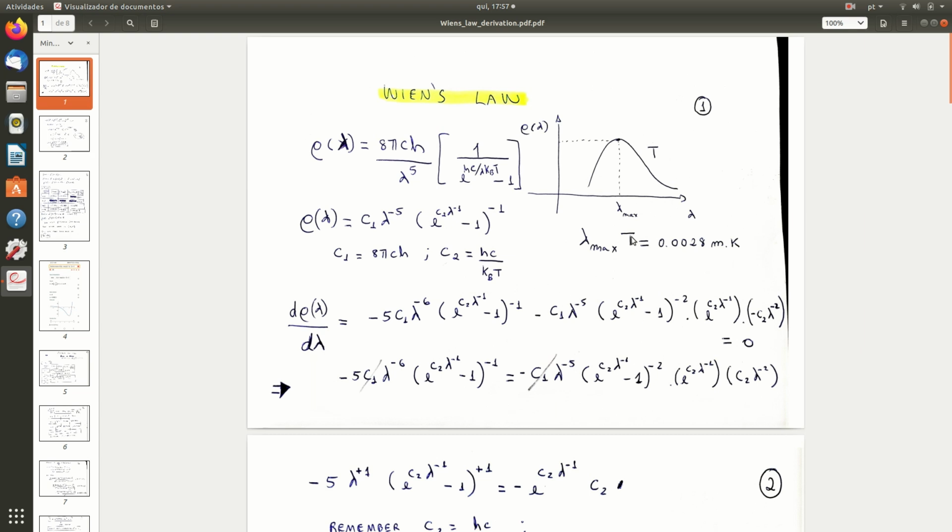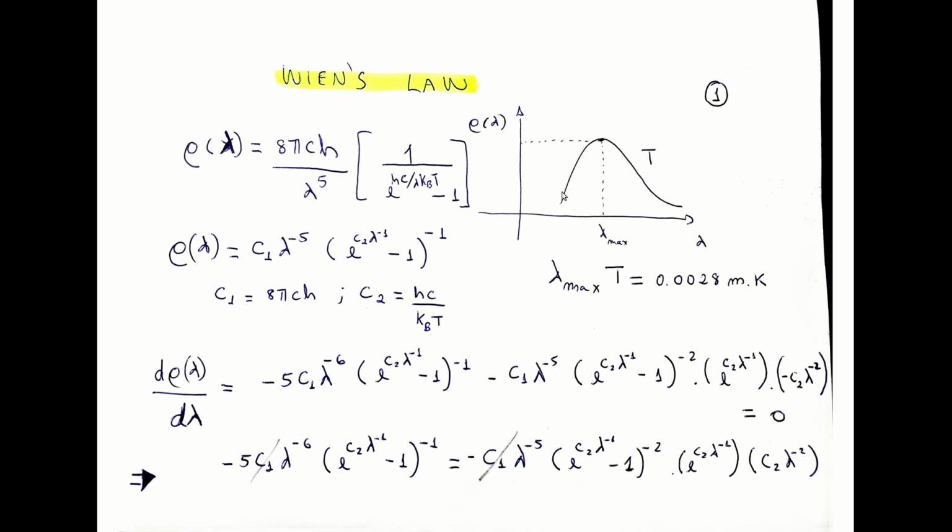In many textbooks they tell you, well, you should derive this function and equal this to 0, and then you will find Wien's law. But why is that? Well, if we take a look at the slope of this curve on this range here, it is a positive slope.